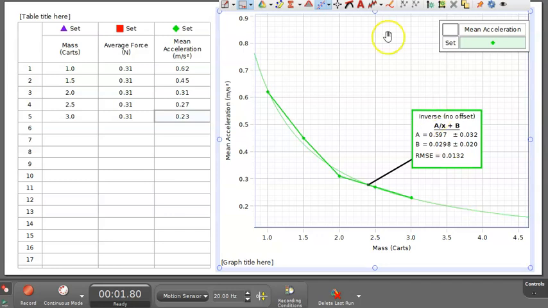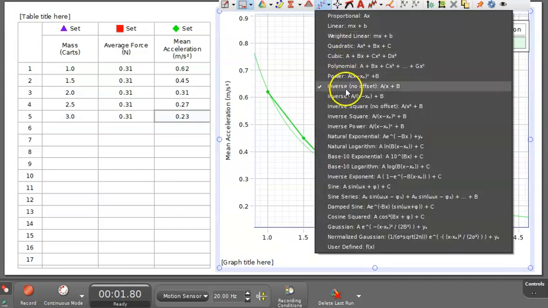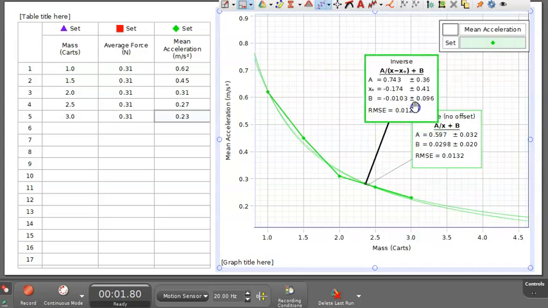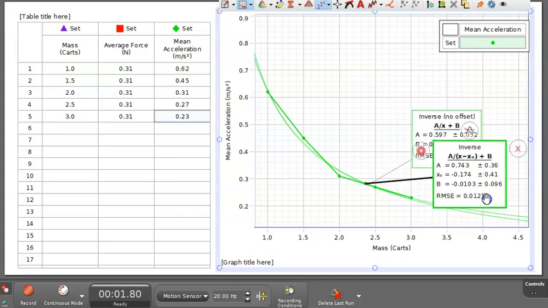So an inverse relationship seems to be a close fit. A more direct inverse relationship is a little bit better of a fit, not that much difference. So we can definitely say that there is an inverse relationship between the mass and the acceleration with a constant force.